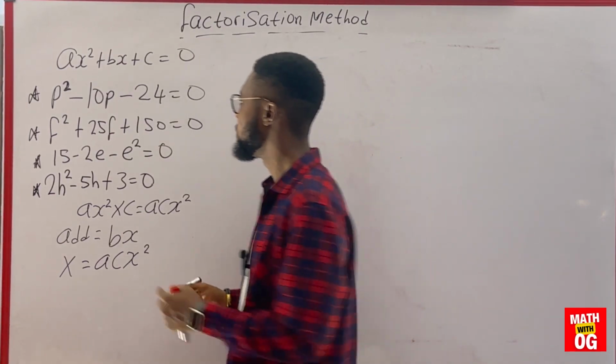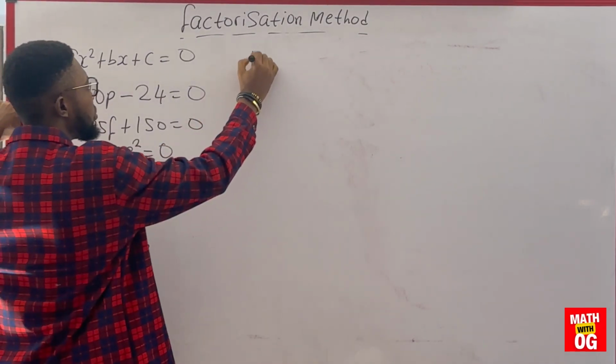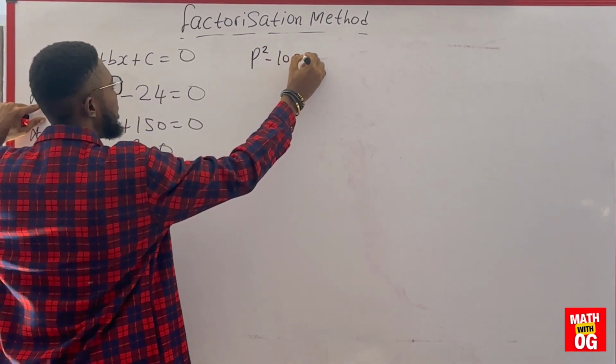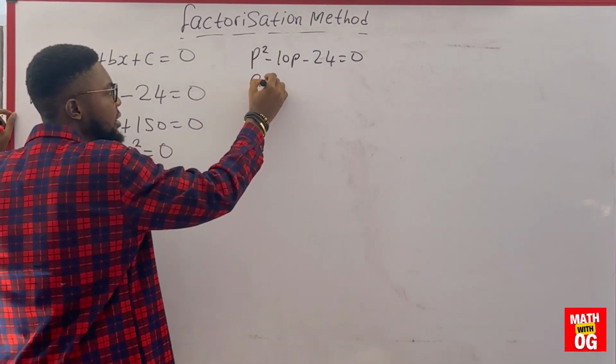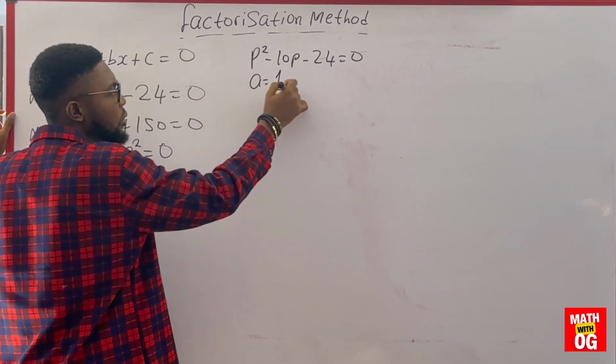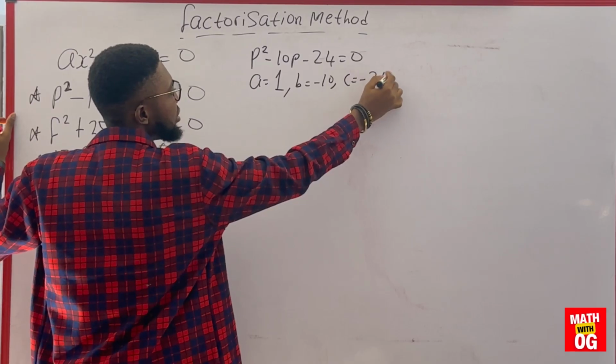Let's factorize. If I compare this with ax squared plus bx plus c, this is p squared minus 10p minus 24 equal to 0. So my a here is equal to 1, the coefficient of p squared. My b is equal to minus 10, and my c is equal to minus 24.